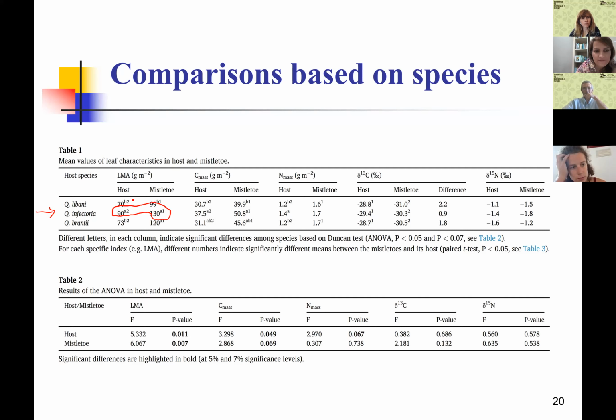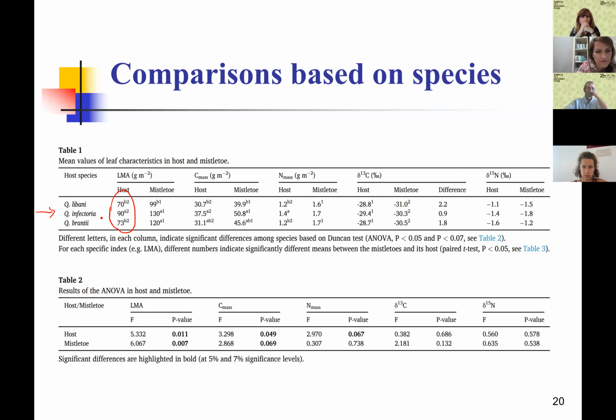the highest value of LMA from the host and also from the mistletoe, and the significant differences between the species in each column are shown with different letters, based on ANOVA.